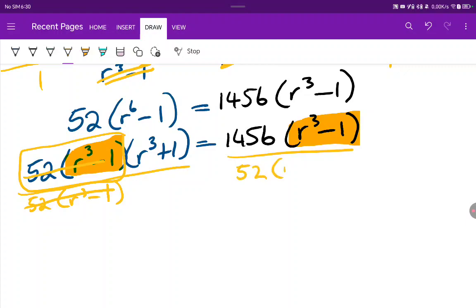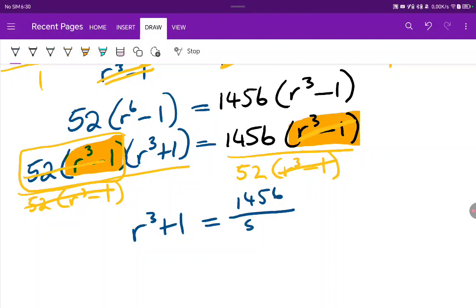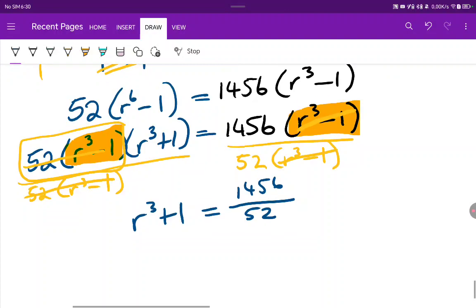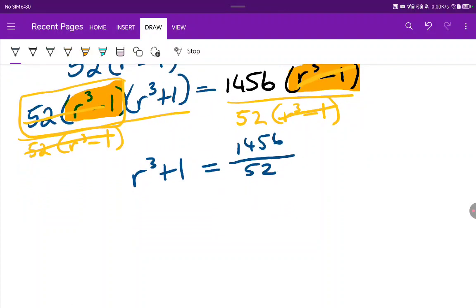What I do on one side, I do on the other side, and this cancels. So there's no r's on the right. I'm left with r³ plus 1 is equal to 1456 divided by 52, and I can now take that 1 over. So this one I can say plus 1 on both sides.